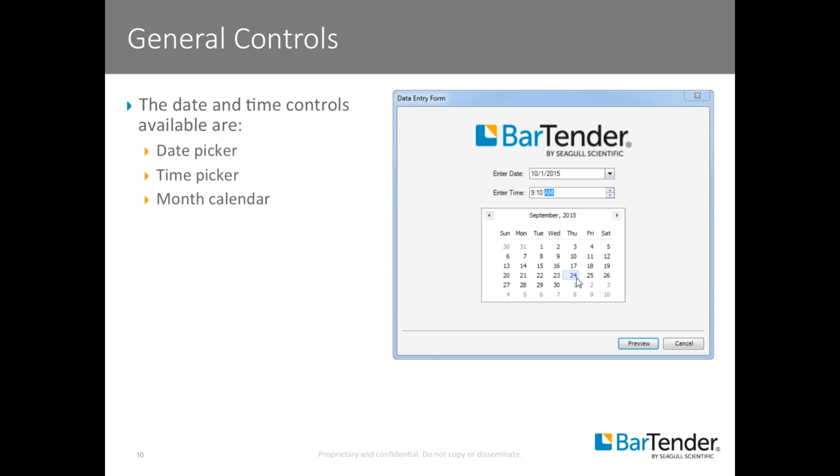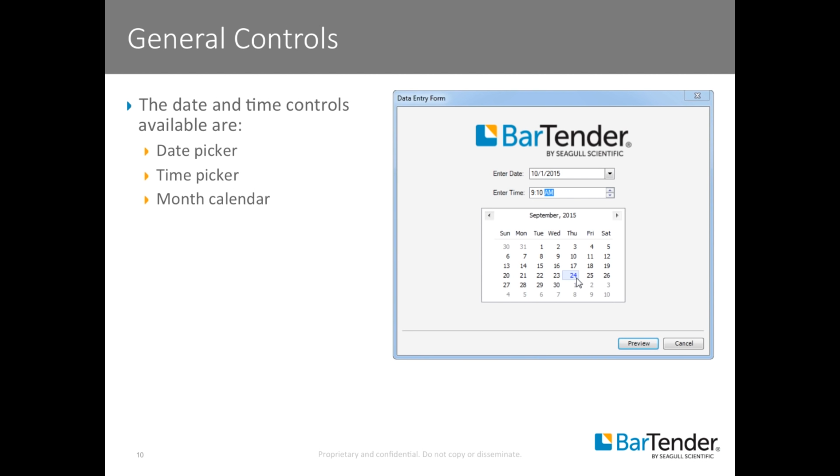Now in the scenario where the end user is actually going to know what date or time needs to be printed on the label format, we also have controls available that behave in the same manner, where you can select the date and time or whatever it may be, and that's what's going to print on your label format.